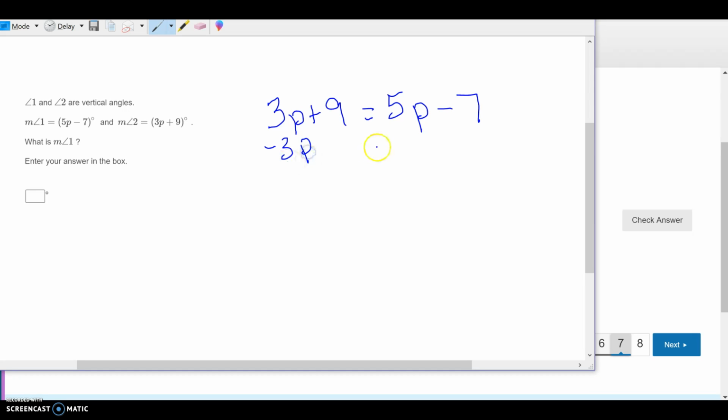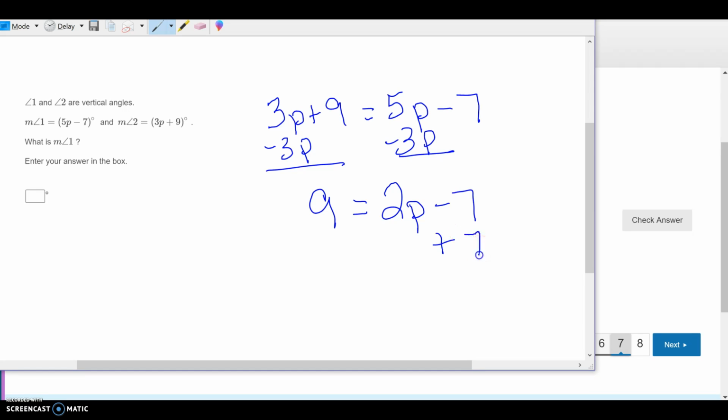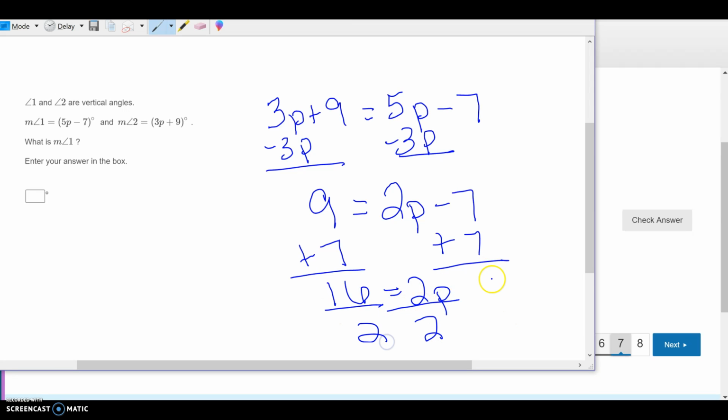Minus 3p from both sides. We get 9 equals 2p minus 7. Add 7 to both sides. We get 16 equals 2p, divided by 2. P equals 8.